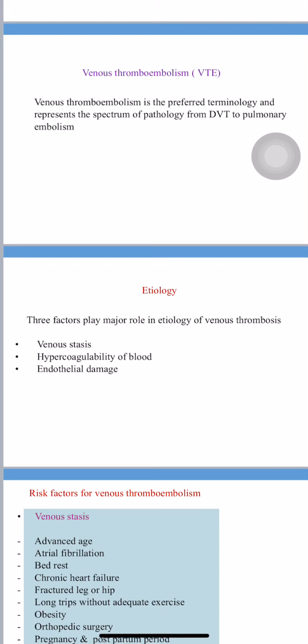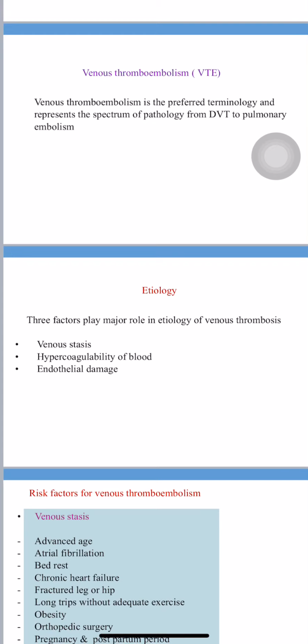These three factors together are known as Virchow triad. Why it is called Virchow triad: Rudolf Ludwig Karl Virchow, a German physician, described these three factors, venous stasis, hypercoagulability of blood, and endothelial damage.